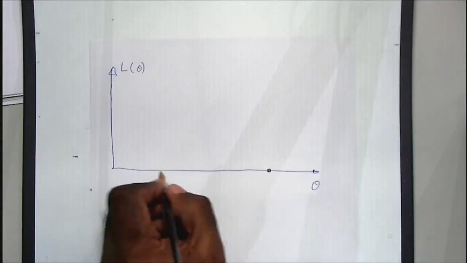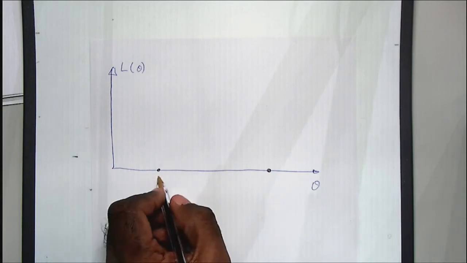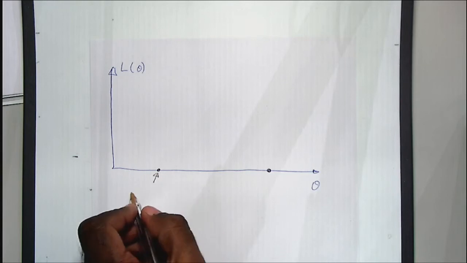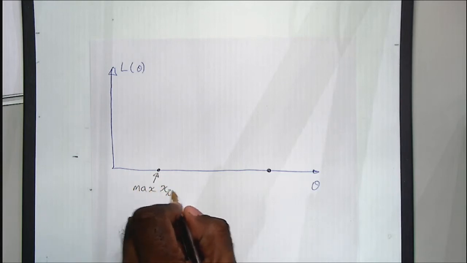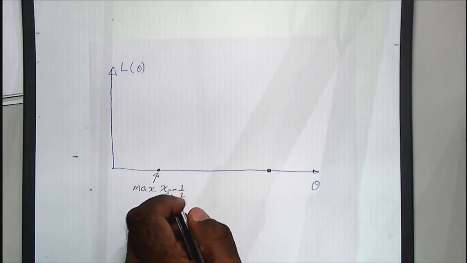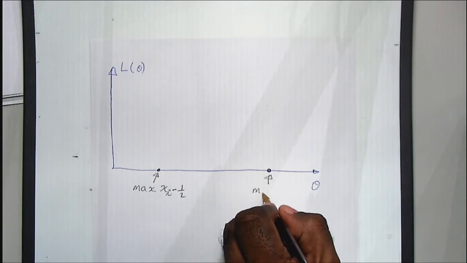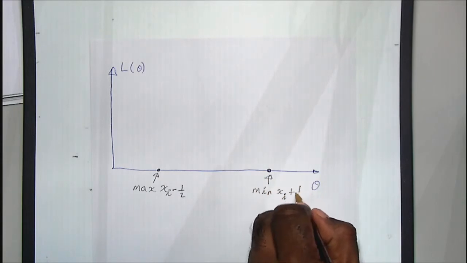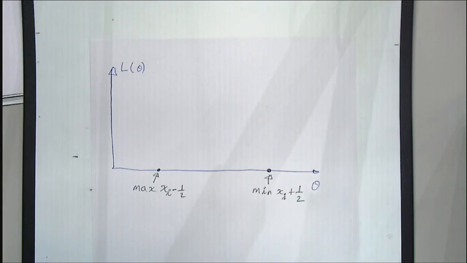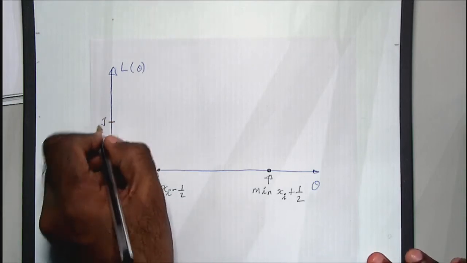Suppose you have 2 points. All right, suppose this one is the, okay, and this one is the, all right. Now the graph will look like, exactly, guys.